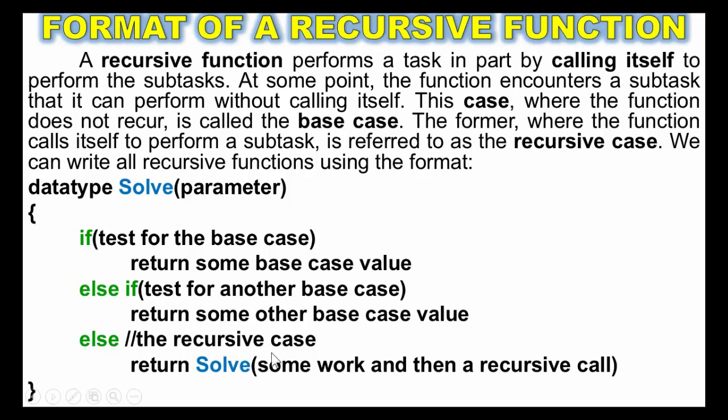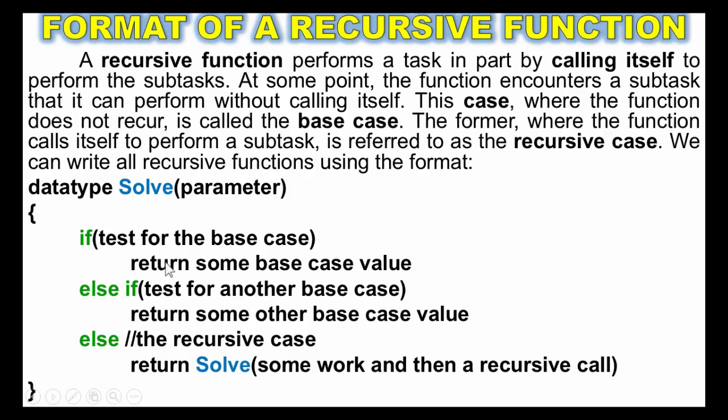We can write all recursive functions using the format. We write first the data type followed by the name of the function followed by a parenthesis and provide a parameter or formal parameter. The body of the function is delimited by open and end curly braces. Inside the body of the function, you write conditional statements.